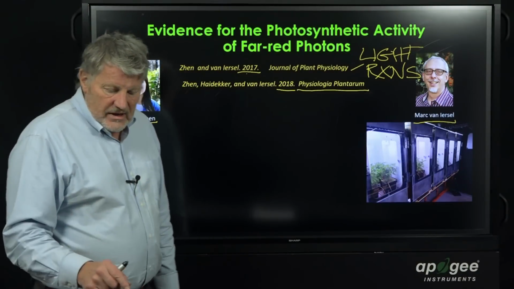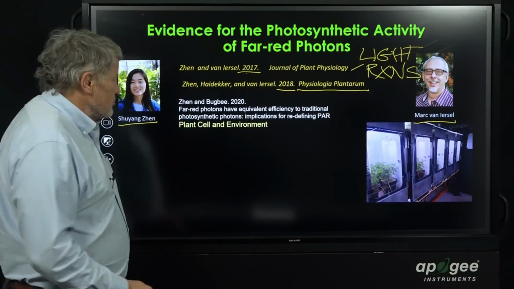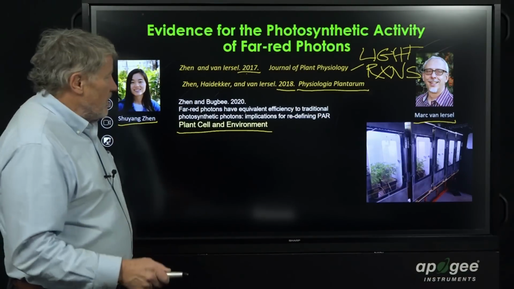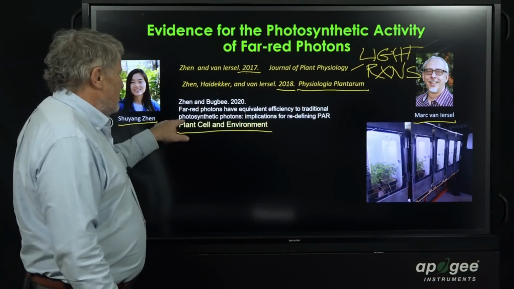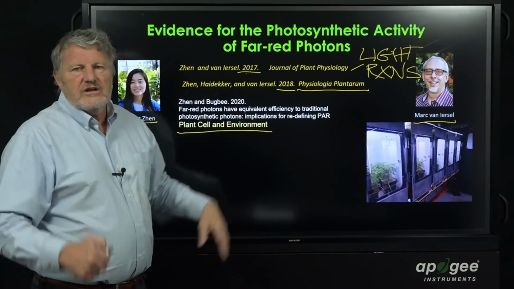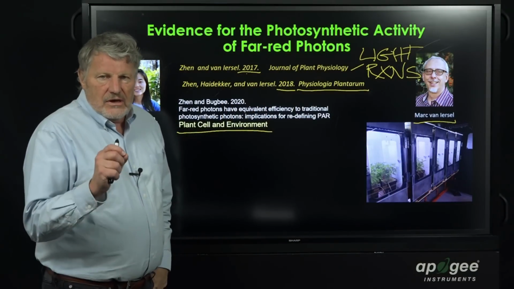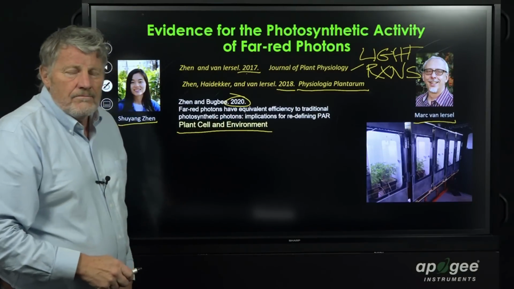Using this canopy gas exchange system and precise measurements of canopy photosynthesis, we published a paper in Plant, Cell, and Environment, another high-impact journal. Far-red photons have equivalent efficiency to shorter wavelength photons. Implications for redefining PAR. This is now 2 years old.